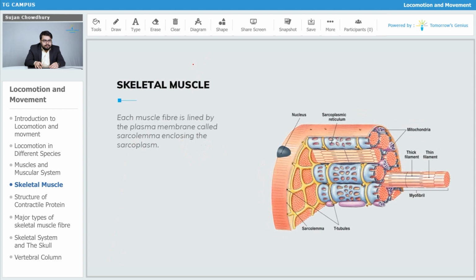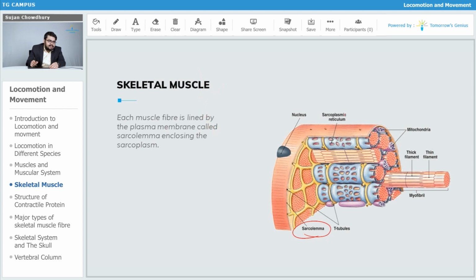Each muscle fiber is lined by the plasma membrane called sarcolemma, enclosing the sarcoplasm. So sarcolemma is nothing but the plasma membrane of each individual muscle fiber, and inside this they have got the sarcoplasm.